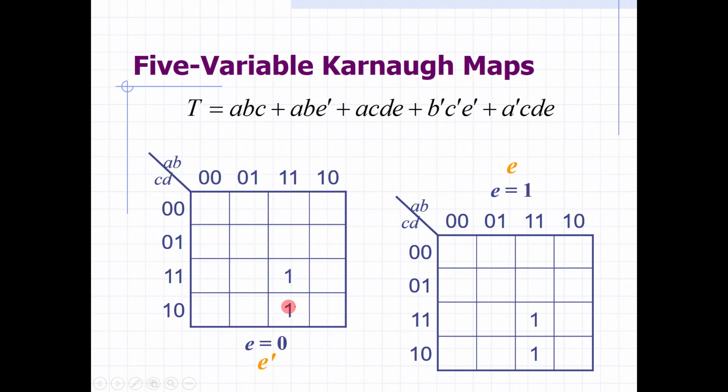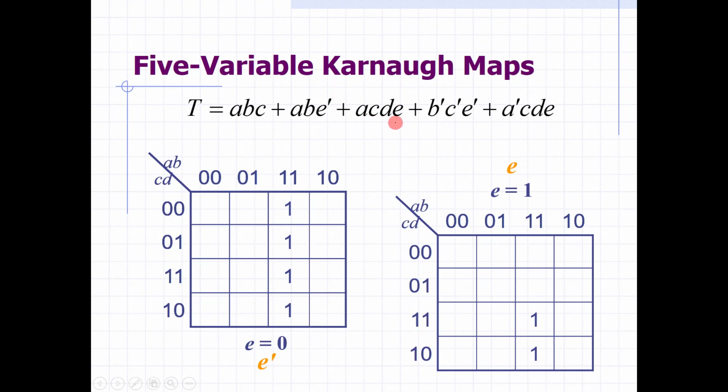Notice we can't have any contradictions. So if there's already a 1 there, we better be putting a 1 on top of it. And that's the case with this term. So this 3 variable term will be 4 1s. It's 1, 2, 3, and 4. So we overlapped a little bit, which is good news because that means it will probably simplify.